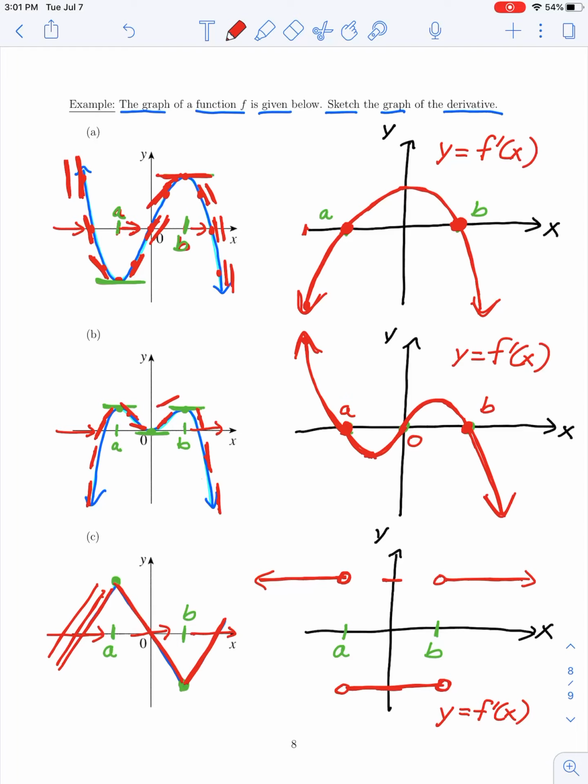So in this example, we see that if we are given, or if we're able to sketch, the graph of a function by thinking about the derivative as the slope of the tangent line to the graph of that function, we can obtain at least a rough sketch for the graph of the derivative of that function.